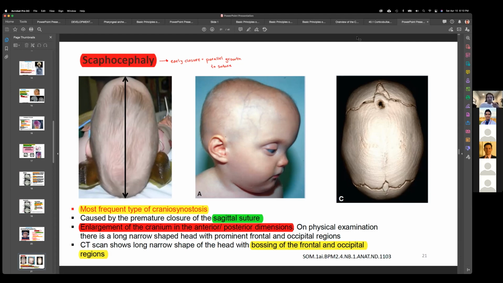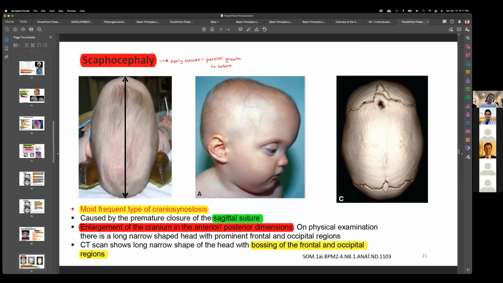Do you mean, Brady, that you have outward growth from the occipital and the frontal sutures in that sense? So rather than expanding outward, it just grows forward and back.